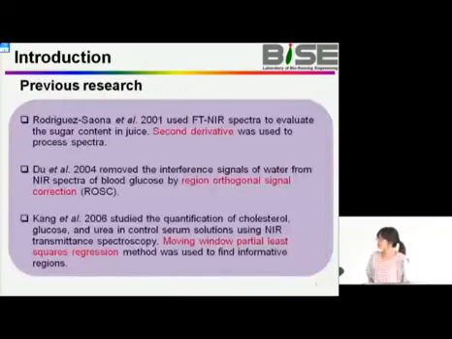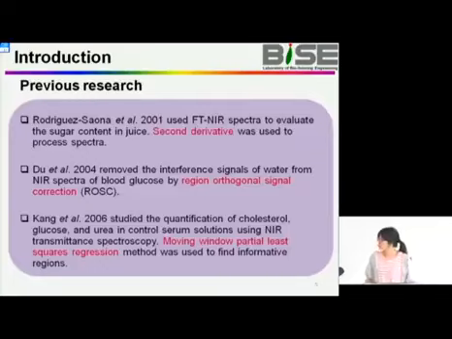For previous research, usually they use mathematical methods to remove the water interference, such as the second derivative method, which was used to process spectra of juice, and the region or signal correction method, which was used to remove the interference signal of water from NIR spectra of blood glucose.